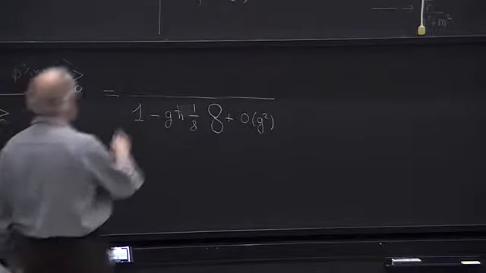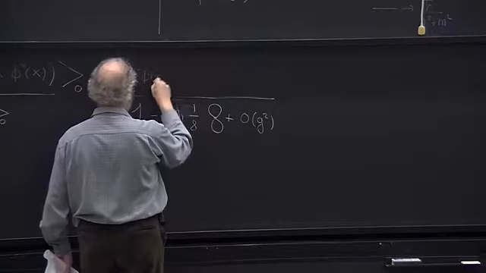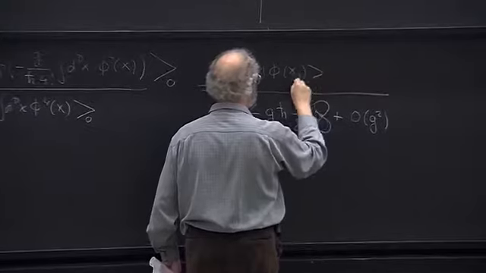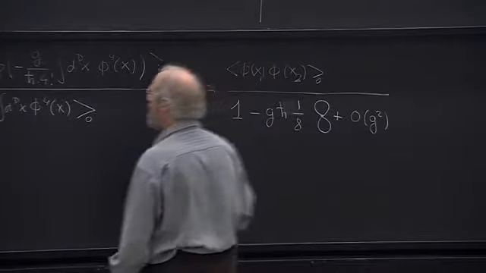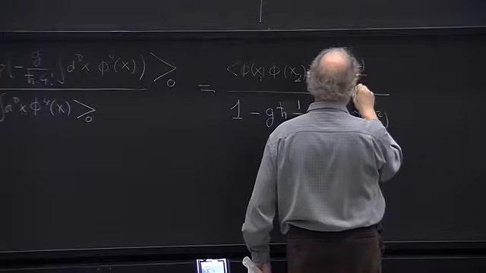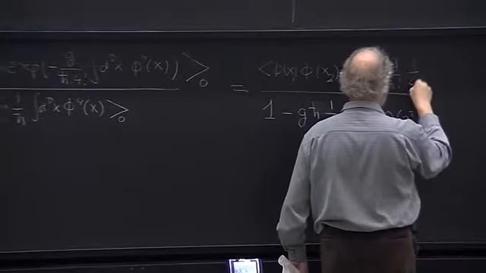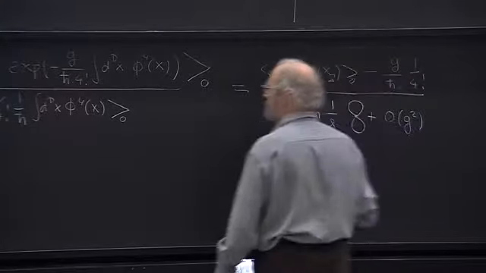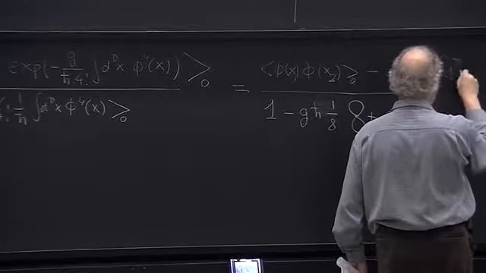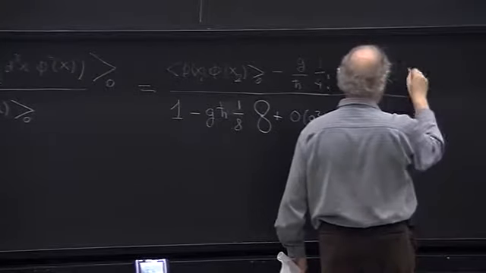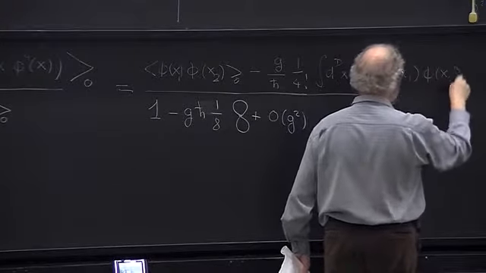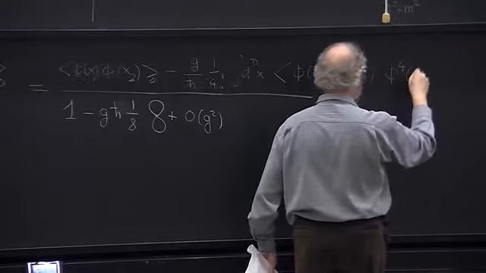The numerator is first phi of x1, phi of x2 in the free theory, and then we expand, same game, minus g over h bar 1 over factorial 4 integral d^4x of the expectation value of phi of x1, phi of x2, phi^4 of x.